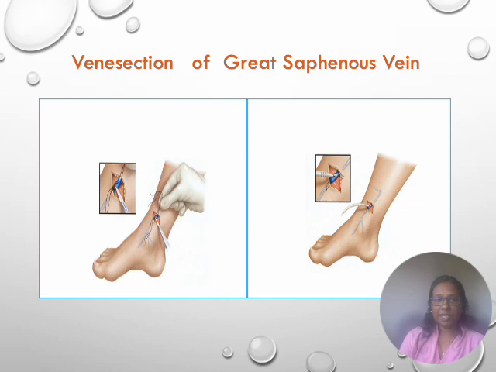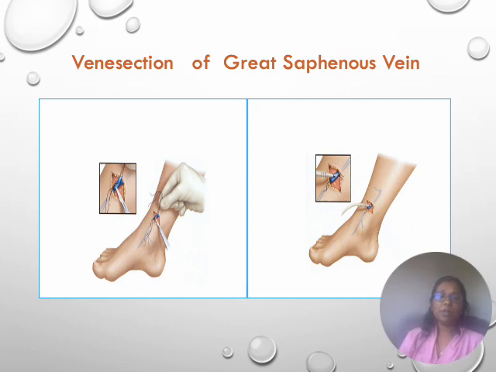The next clinical aspect is venesection of the great saphenous vein. Venesection is cutting a part of the vein to gain access, that is to put in a cannula to administer intravenous fluids. We might have observed that administration of intravenous fluids is usually done in the veins of the upper limb, right?